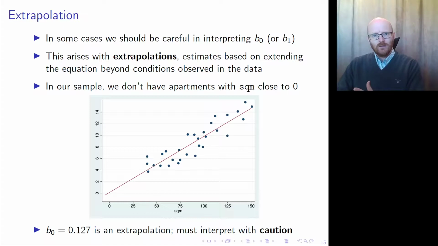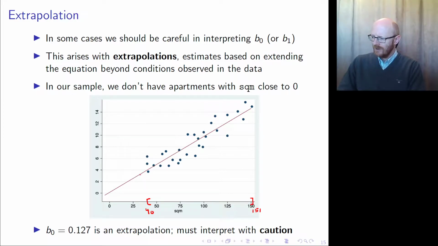Okay, we remember that our data contain apartment sizes from 40 square meters to 151 square meters, so in this interval from 40 to 151.